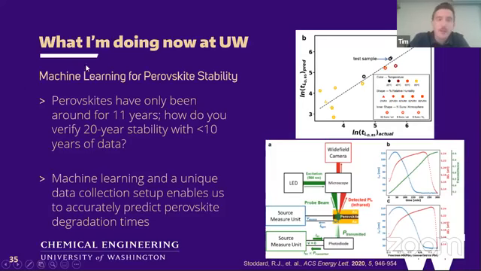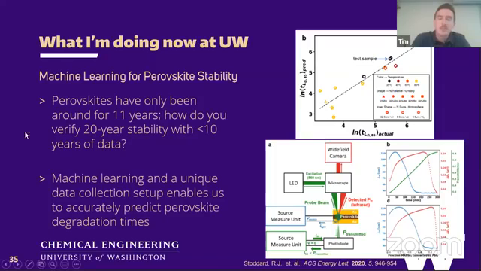And we're trying to tackle this fundamental question. If perovskites have only been around for 11 years, how can you create a warranty for 20, 25-year levels of replacement if you only have 10 years of data and really only have about 8 years of real data?